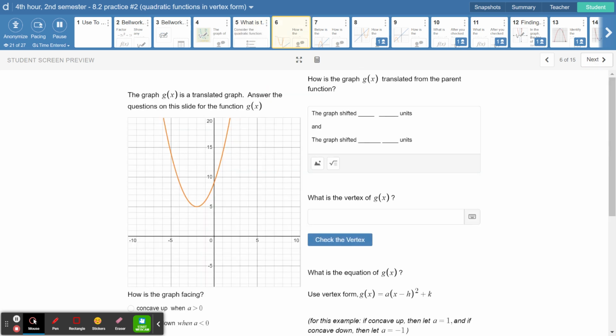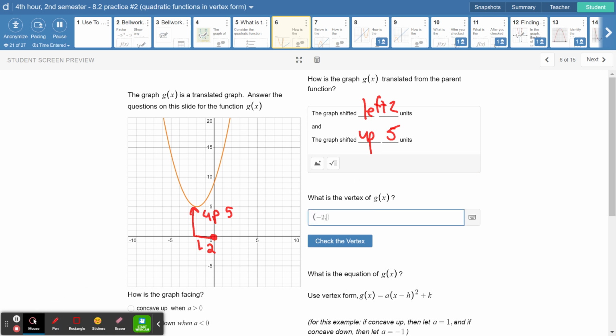For slide number 6, you always want to start at the origin. Which direction did I go? I went left 2, up 5. So actually write that. Left 2, up 5. Now in math, left and right, up and down have a symbol.